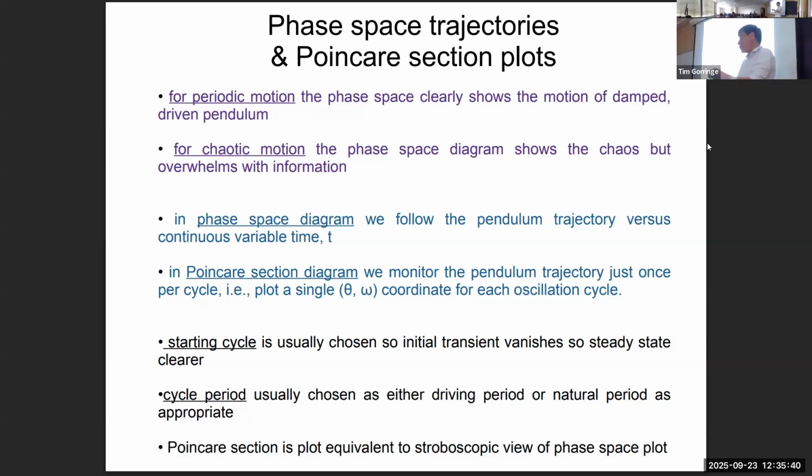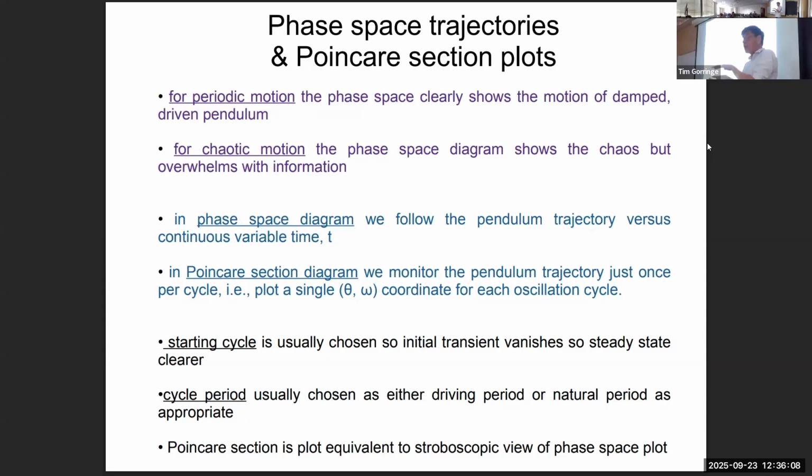In the case of the damped-driven pendulum with chaotic motion, the phase space diagram becomes very chaotic itself. It clearly displays the chaotic motion, but it is a chaotic plot that is kind of overwhelming, too much in content.